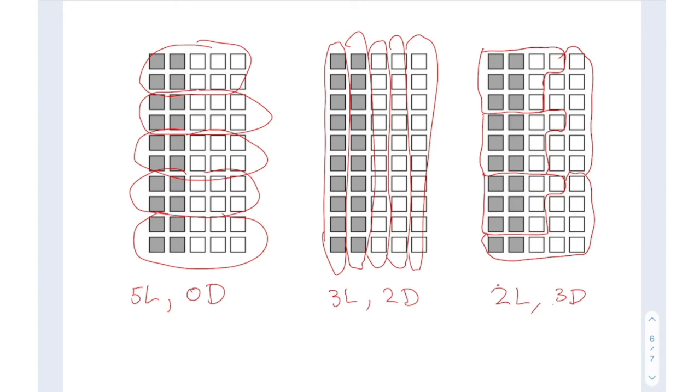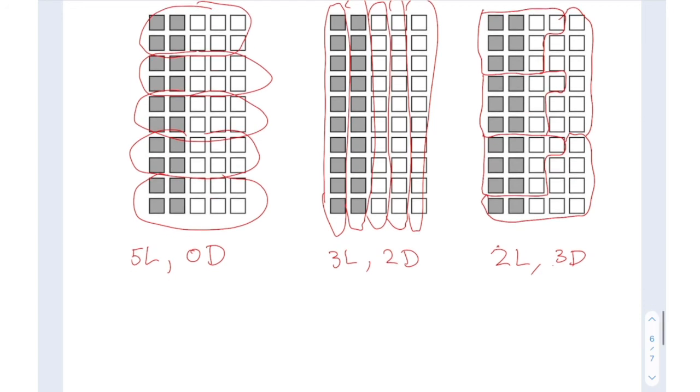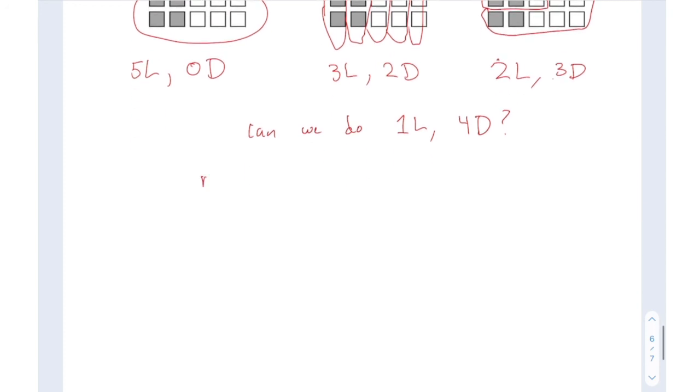All right. And in our remaining 1 minute, can we do 1 light, 4 dark? Did anybody think about that? Actually, this one is impossible. Can anybody say why is that impossible? Yeah. It's because you would need more than 5 dark per district in order for dark to win.